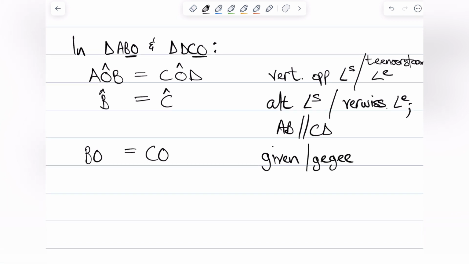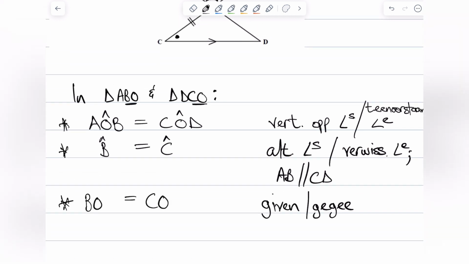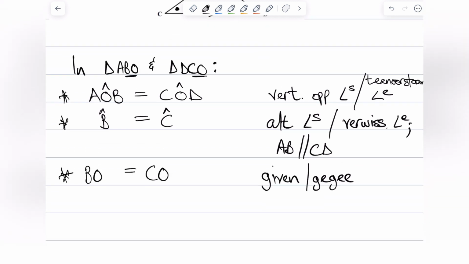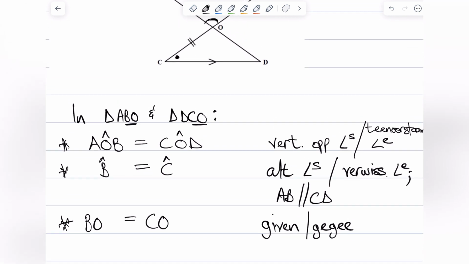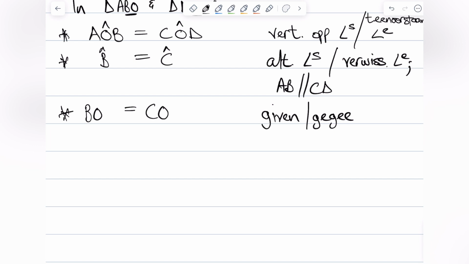Of course, the order in which you note these three pieces of evidence is not that important. It doesn't matter if you mention BO equal to CO first and then angle AOB, etc. As long as you've got three and the reasons are correct, that should be fine. Now we have shown that we've got two angles that are equal and a corresponding side. So we have proven condition number 3.